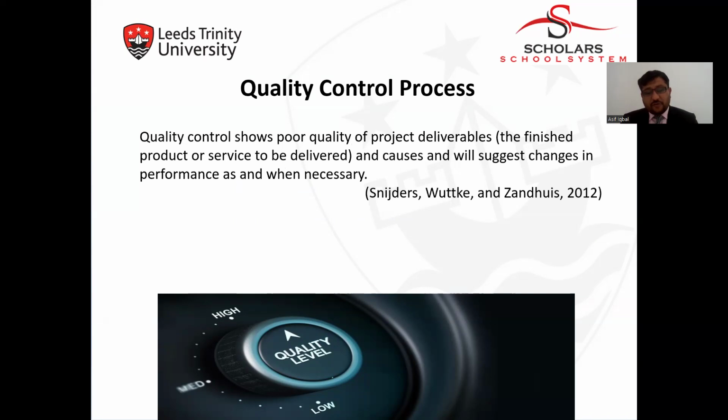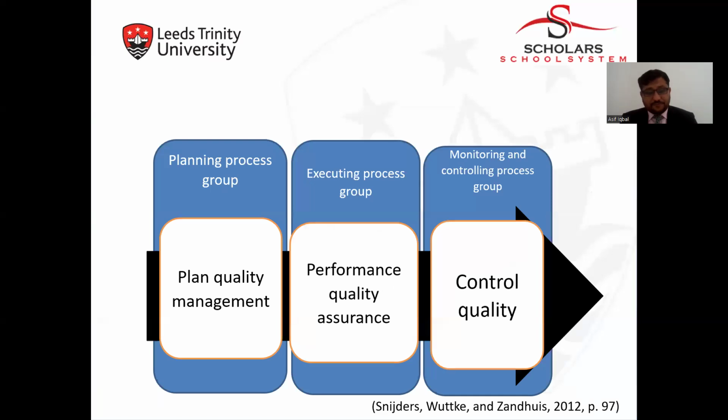So quality control is a very important process with which they can look at where the problems happen in the project, why the quality of the products or services the business is providing is poor, what happened, what the reason behind these issues or problems is, and what suggestions they need to make for changes in the process and the systems. That is necessary for a business. That's how quality control processes happen.